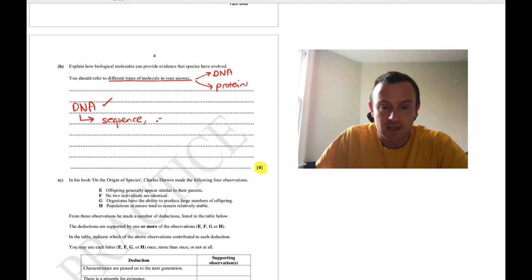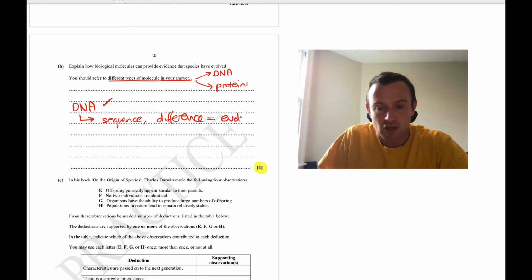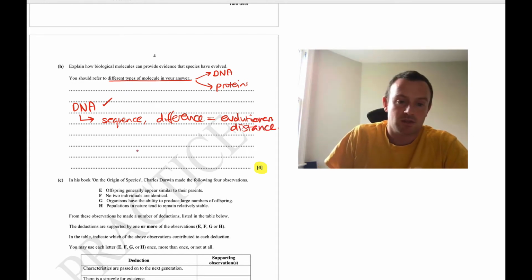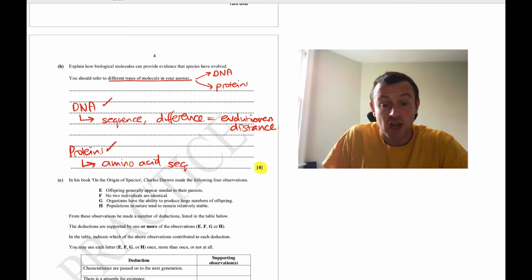So a difference in sequence equals roughly a measure of evolutionary distance between the two organisms. We can also look at proteins. And really what we do there is we look at the amino acid sequence in shared proteins.